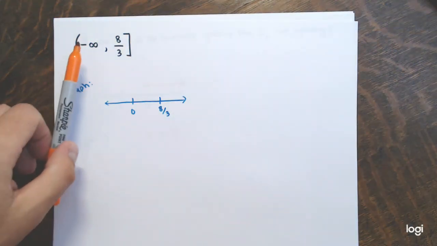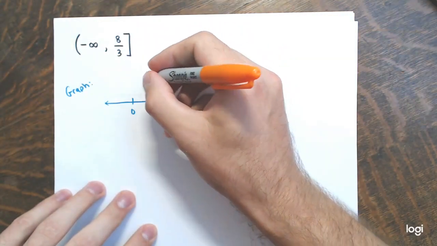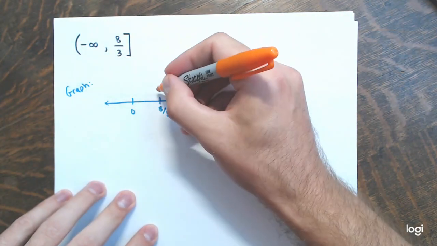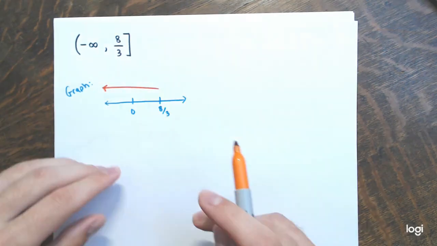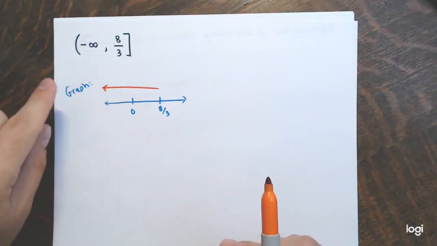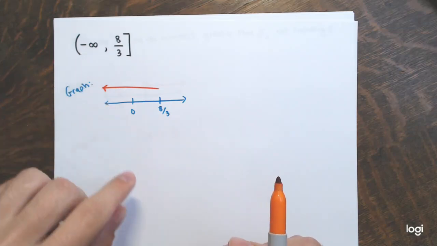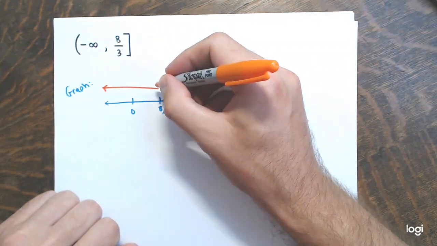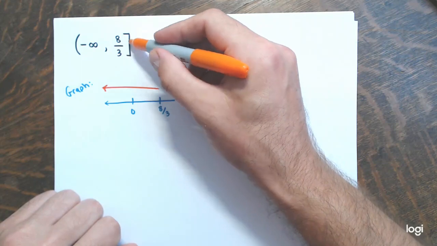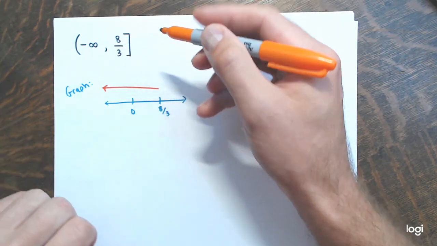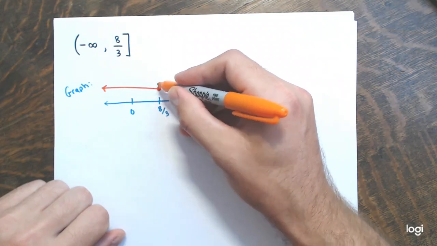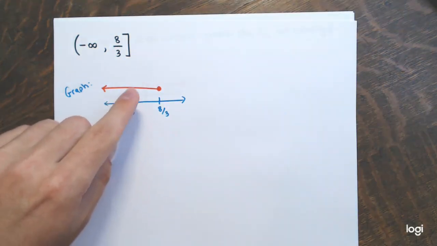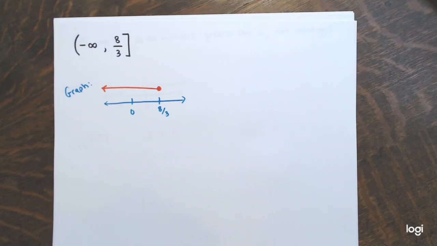And as I said, this implies there's no left end, and we're doing all the numbers up until 8/3. So to indicate that there's no left end, write a little arrow pointing to the left, going to the left forever, no left end, going to negative infinity. Up until 8/3 at the right end, and it is included. You've got the square bracket here, so a closed point or a rectangular bracket there. There's a picture of the numbers that this interval is describing.